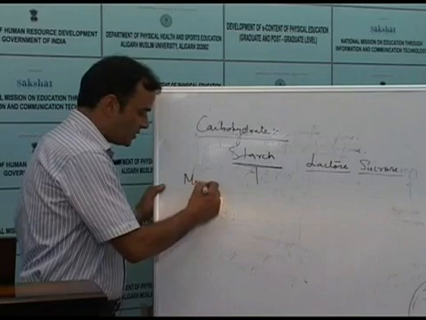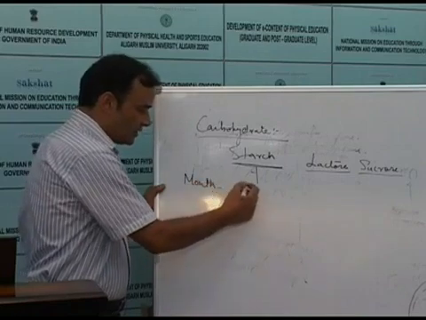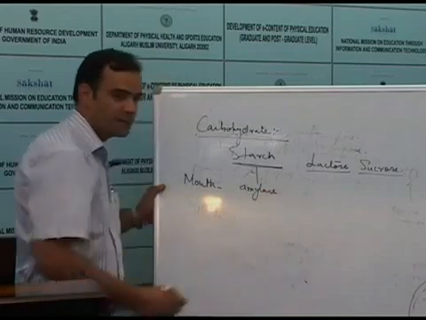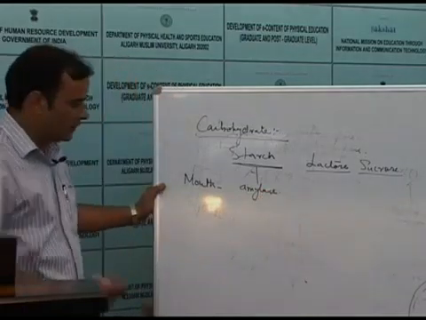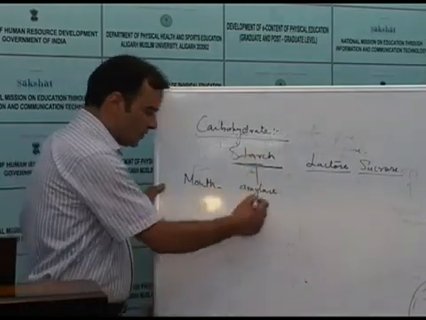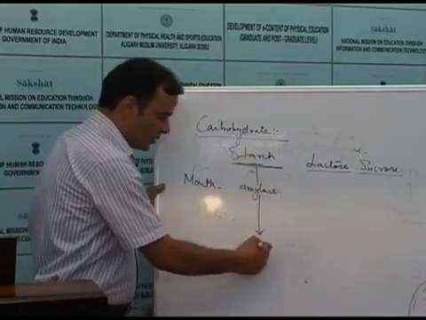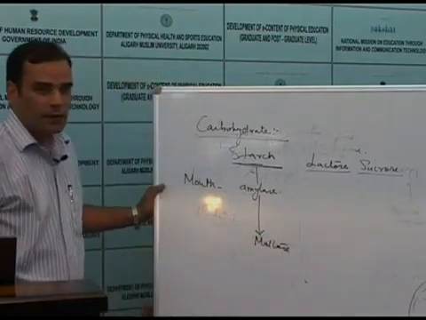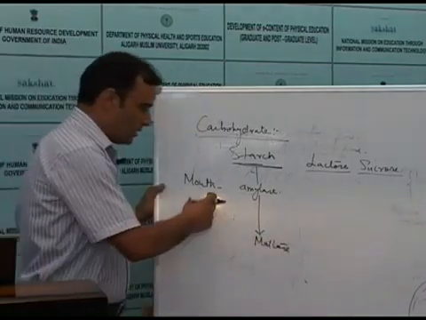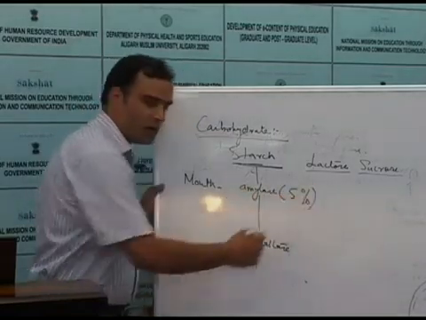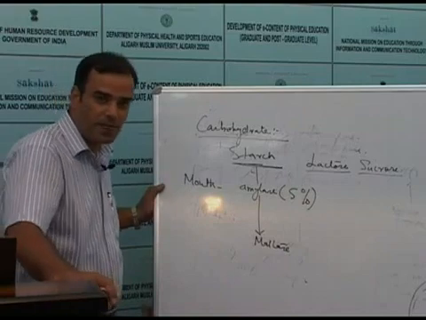First, when the starch reaches the mouth, it is acted upon by the salivary amylase. It starts digesting the starch and converts it into maltose. The digestion in the mouth, however, is very small and is approximately only 5%.